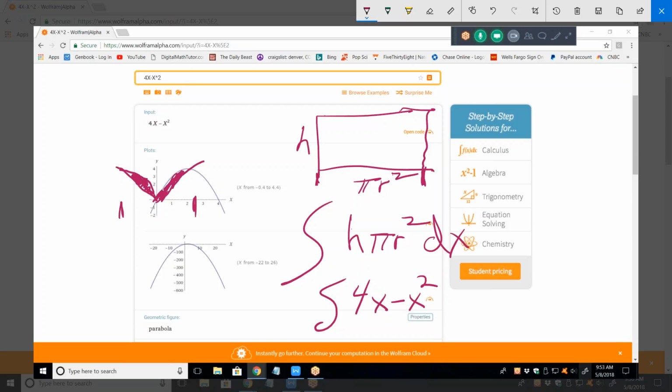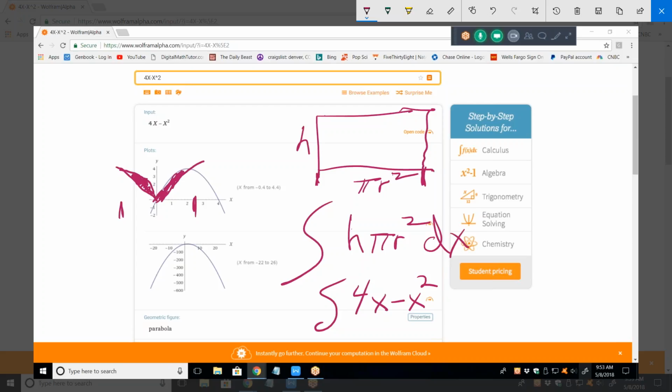Cylindrical shells. It's just been too long since I've done a cylindrical shell problem. It's probably been 2 years.